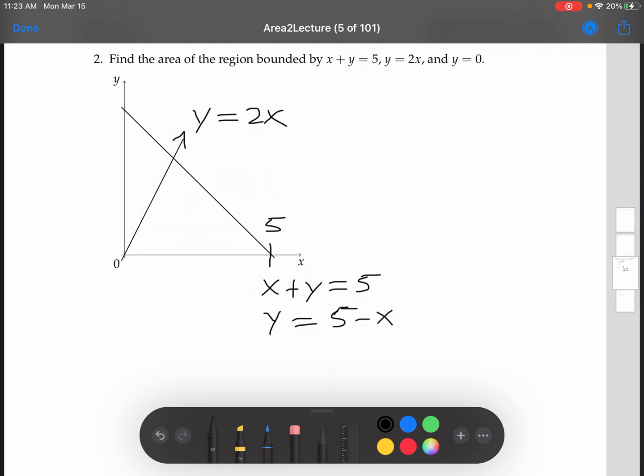But before we find those 2 integrals, let's first try and do it with 1 integral to see why this doesn't work. Remember, to find the area of this bounded region, we would first choose some arbitrary rectangle.